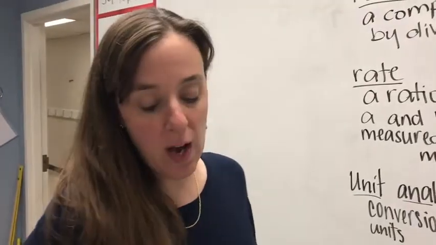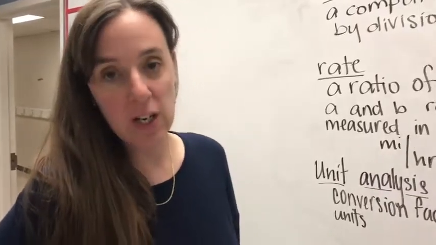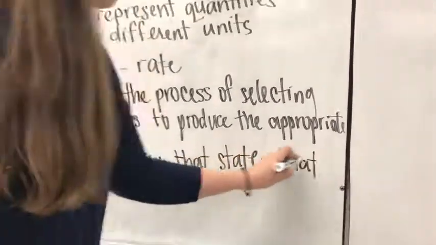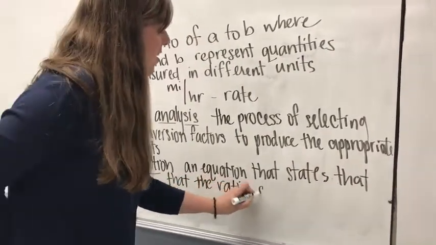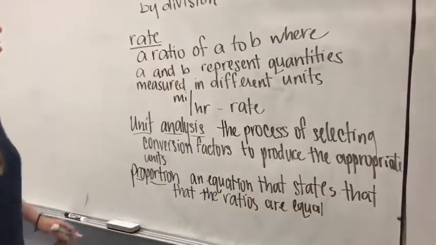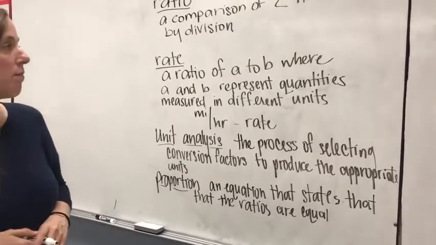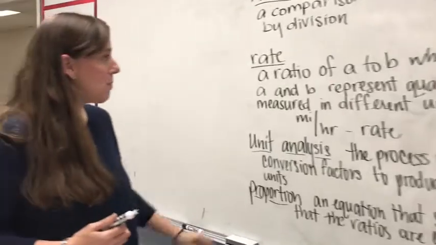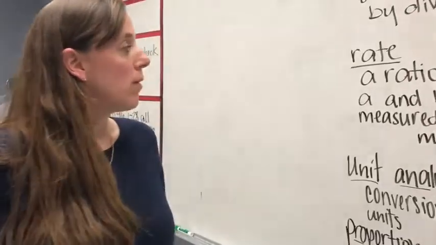Okay, and last vocabulary word is proportion. And a proportion is an equation that states that the ratios are equal. All right, so all these words are going to be in our lesson today, and you're going to have to know how to use them and know what they mean. So there they are.